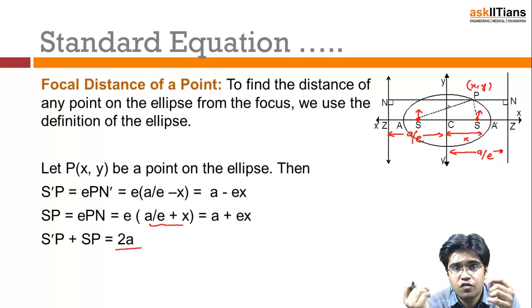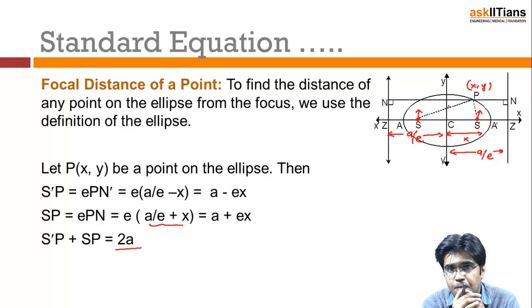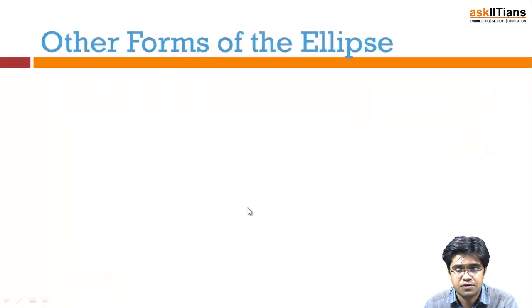So the length of your rope is the major axis. If you put a pen with the rope and draw the figure with your rope properly stretched, then you will get a figure which is an ellipse. So this is the tracing property of the ellipse. Always remember, the sum of focal distances of any point on the ellipse is equal to the length of its major axis. This is called the tracing property of the ellipse.